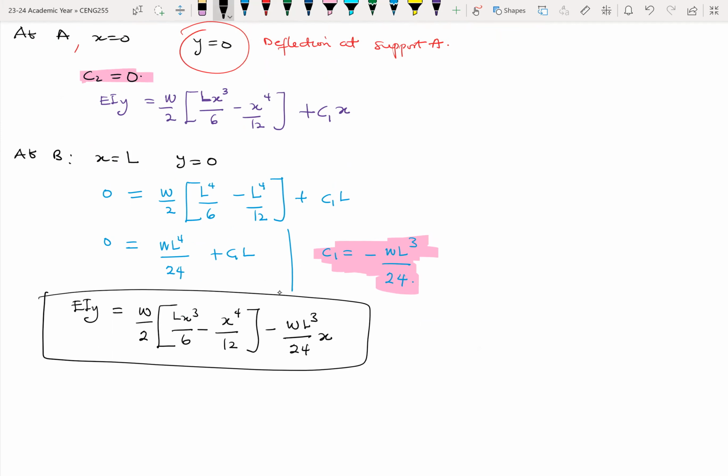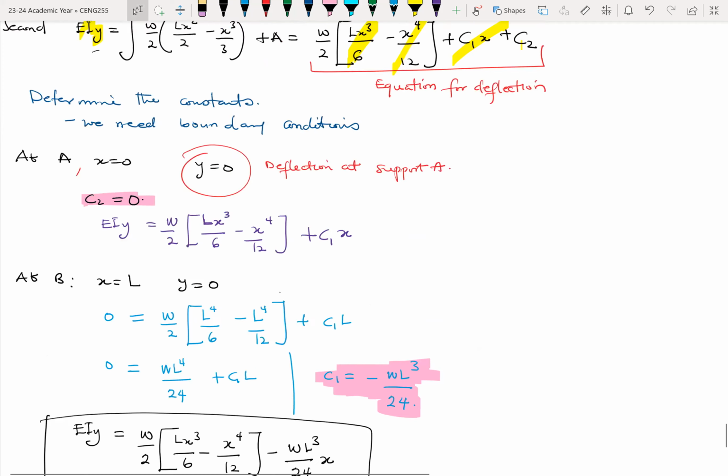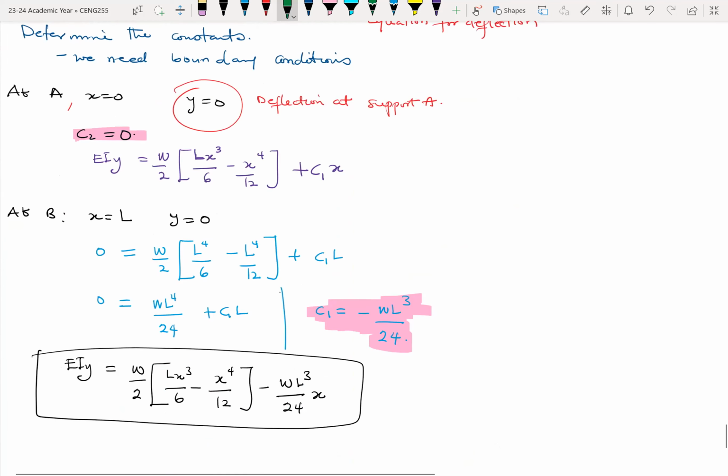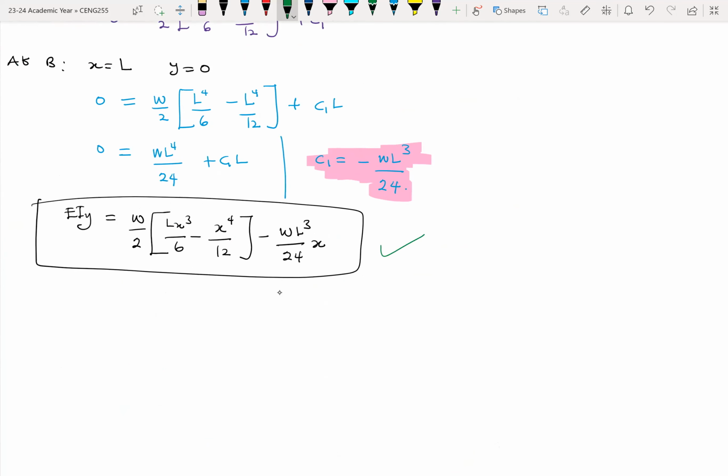So what this simply means is that this equation defines this curve. The curve, as we see it here, is drawn by using the equation over here.